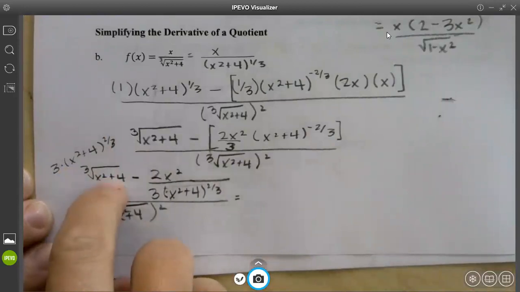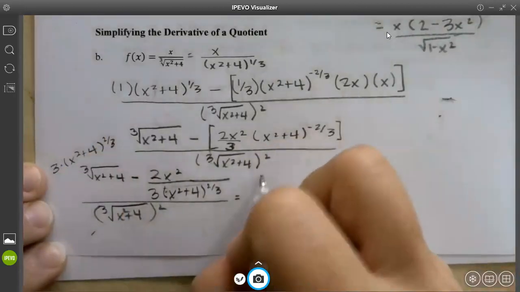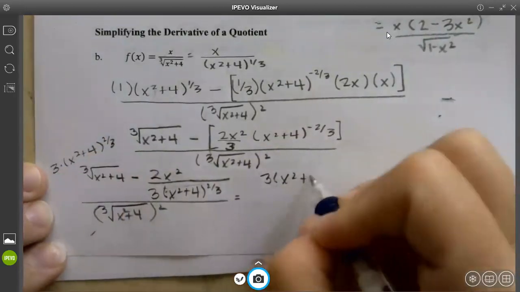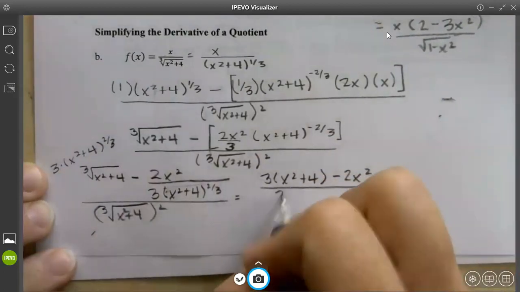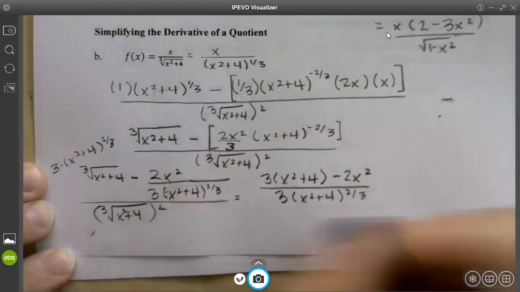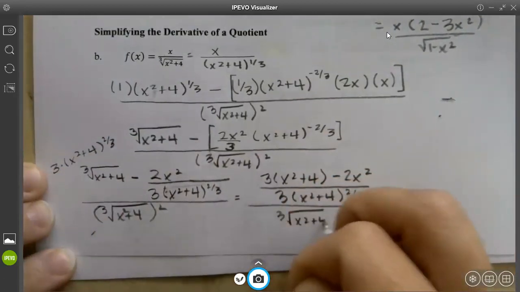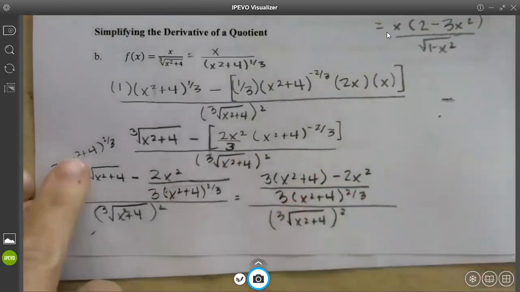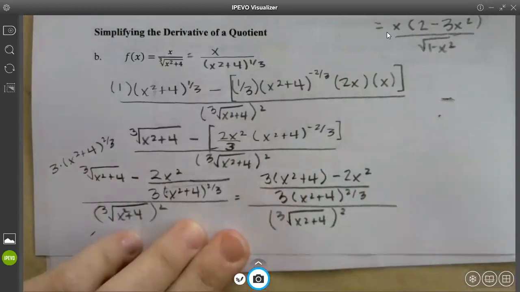What fractional power? 1/3, right? What's 1/3 plus 2/3? Is anybody confused on what I just did? 2/3 plus 1/3 is 3/3 or the 1 power. But we had a 3 outside, so we have that now.